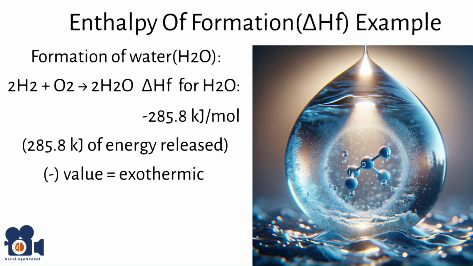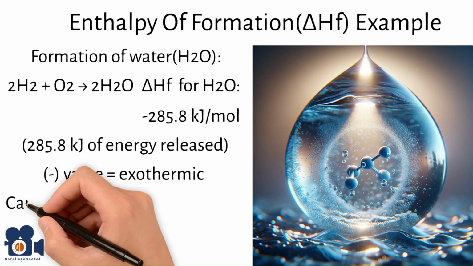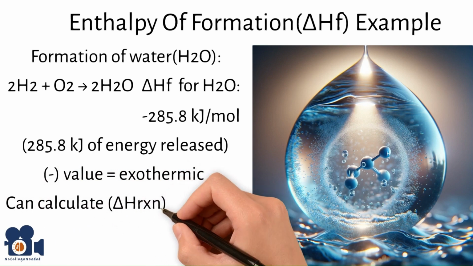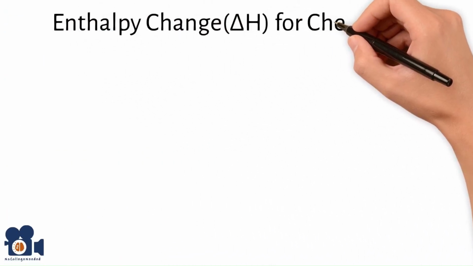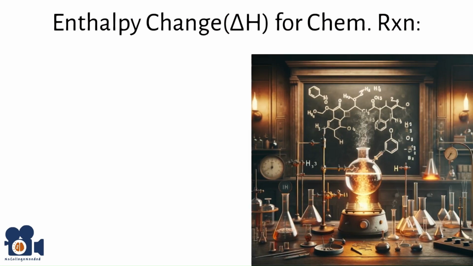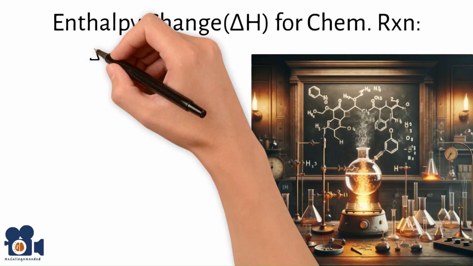Considering what we know about Hess's law and that enthalpy change for a chemical reaction is the same regardless of the pathway by which the reaction occurs, we can therefore calculate the enthalpy change of a reaction based on the enthalpies of formation. The enthalpy change for a chemical reaction can be calculated using the following equation.